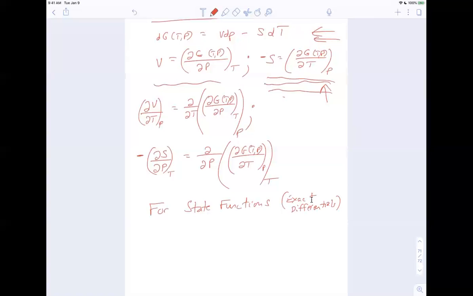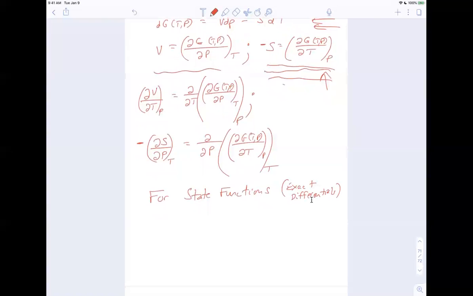Which means that this one and this one are equal.